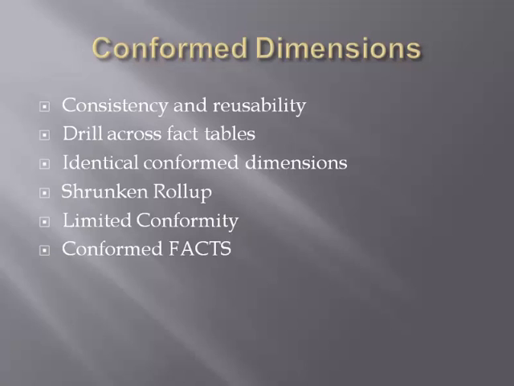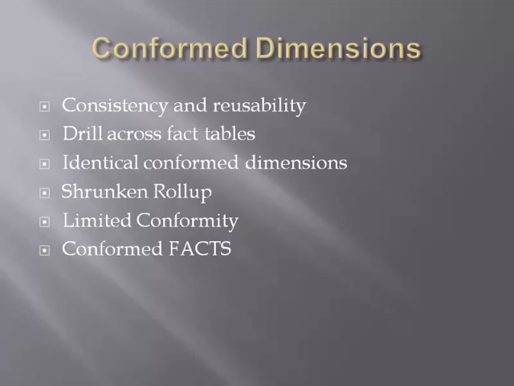Conformed dimensions should be able to provide measurements from different business processes in a single report with the help of a multi-pass SQL query. Identical dimensions should be joined. For example, the month could be small July in one table, and it could be caps July or the month of number 6 in another table. So identical conformed dimensions should be combined.